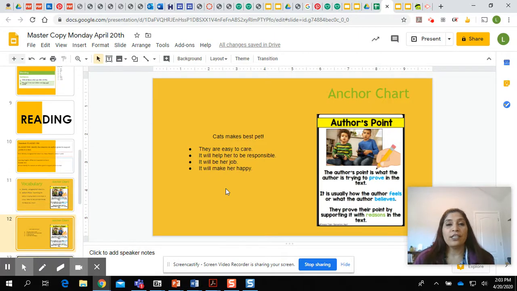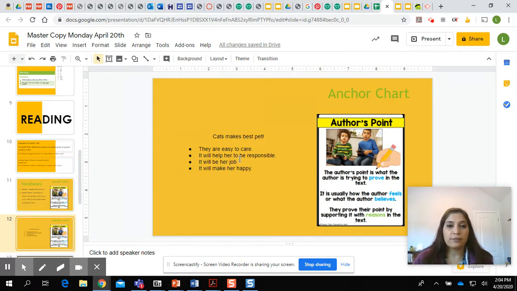And yes, she eventually ended up getting the cat because she gave me all the reasons why she should have a pet, why she should have a cat. So this is just one example of how an author or anybody who wants to write will write about a topic and will support it with details, why it is important, or why the author is trying to convince you to do something.